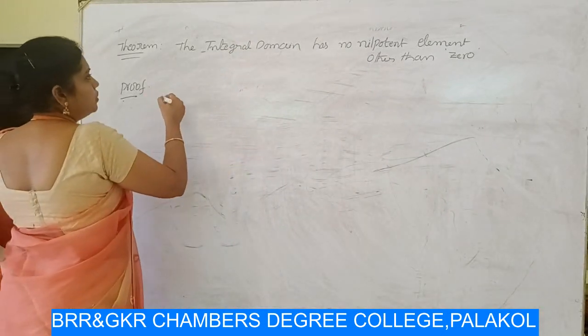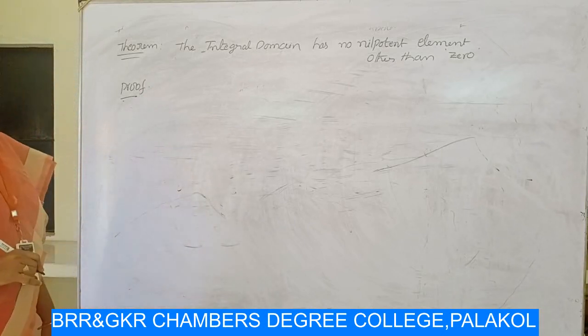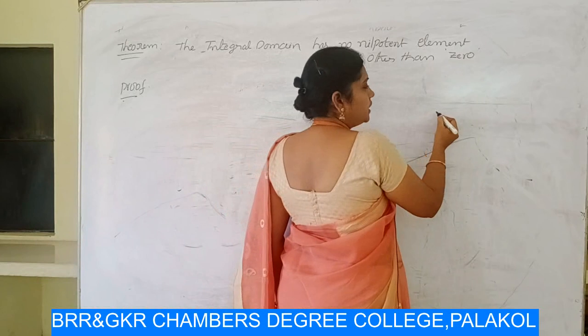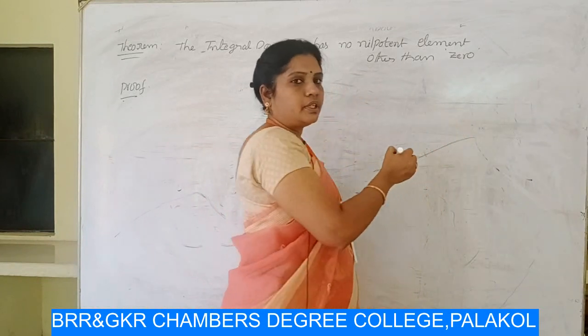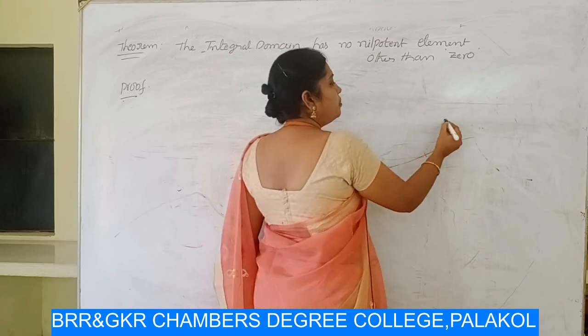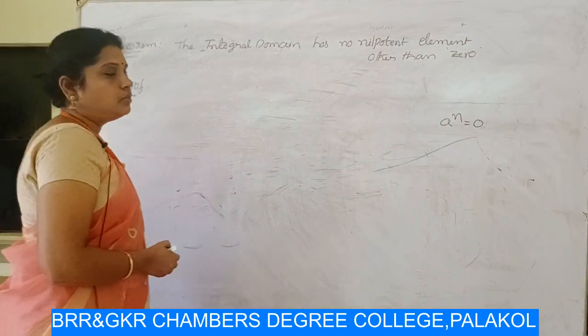Now we prove that theorem by using mathematical induction, because by the definition of a nilpotent element, there exists a positive integer n such that A power n is equal to 0.